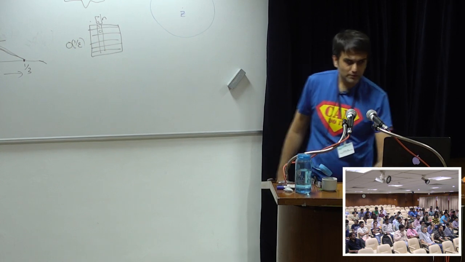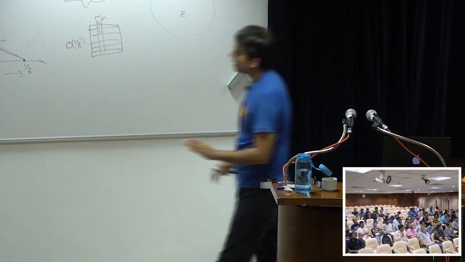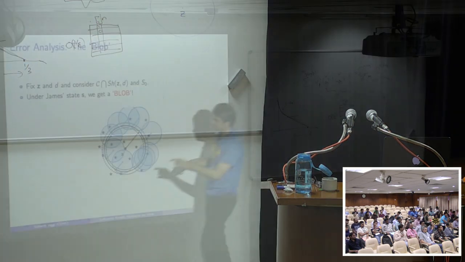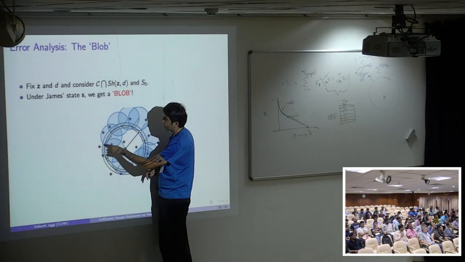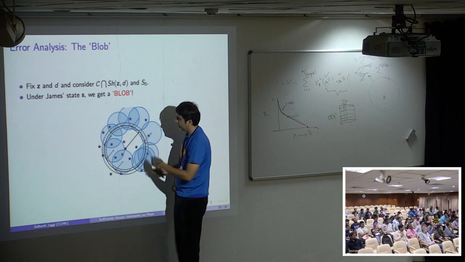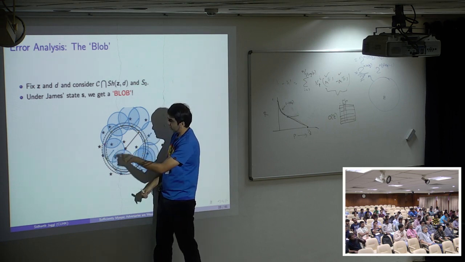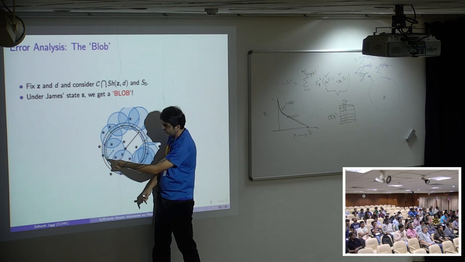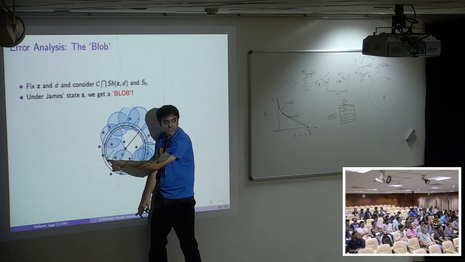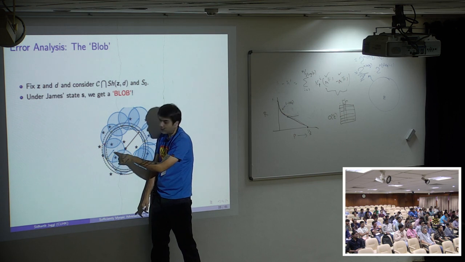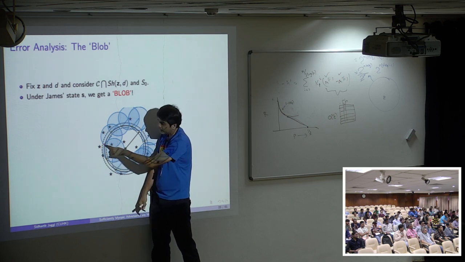So from James's point of view, there are 2 to the epsilon n code words over here. He chooses the attack vector s, and after translation, this would be what Bob would receive if this is the code word that Alice is actually transmitting.